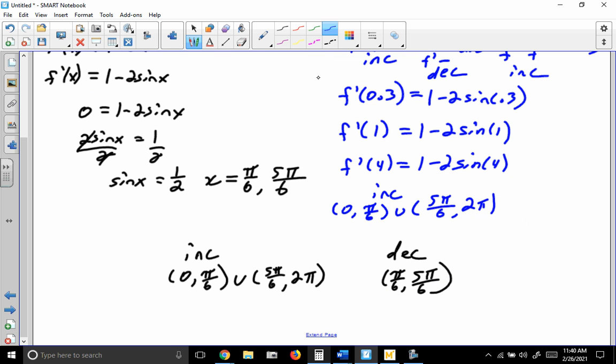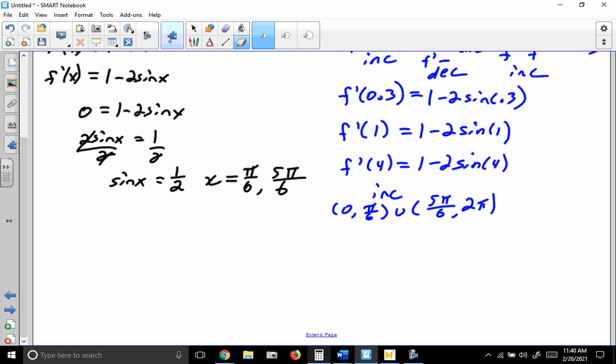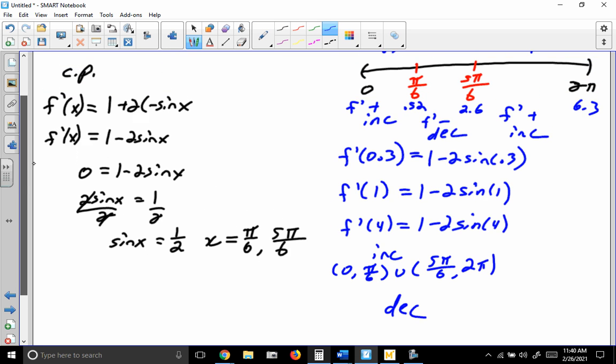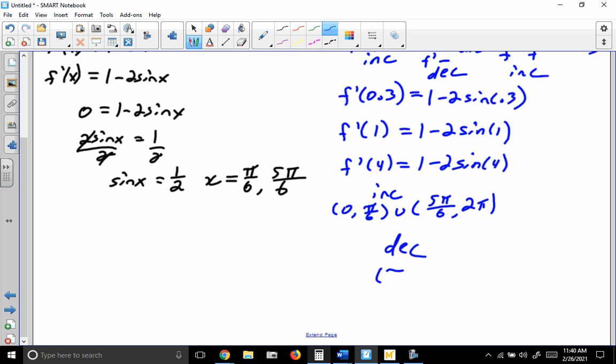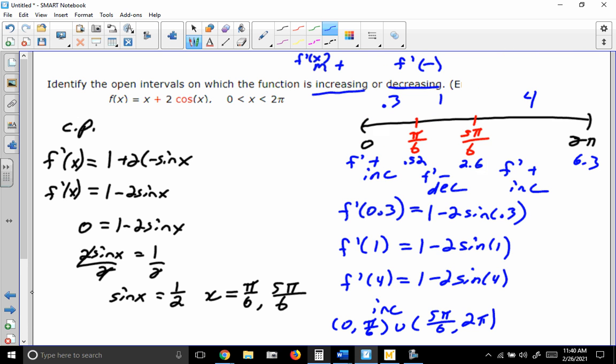And then the other part, oops, forgot to erase that earlier. The other place we're decreasing, so we're decreasing in this interval, which goes from pi over 6 over to 5 pi over 6. So that tells us where we're going up and where we're going down for this function.